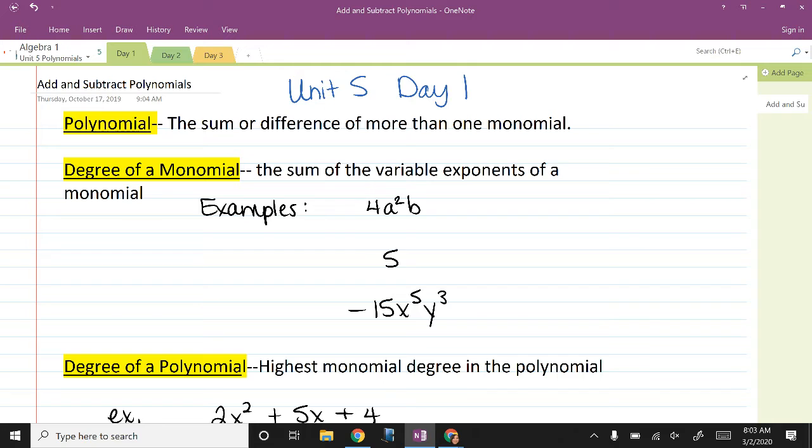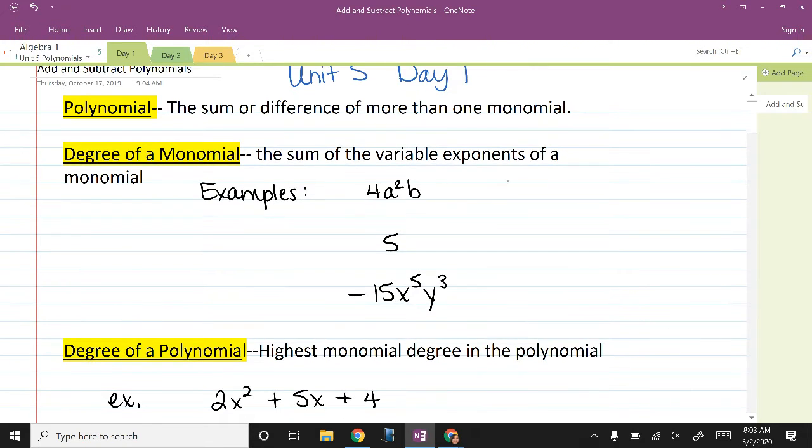So this first example, 4a squared b. Well, this b is to what power? First, so you add 2 plus 1 and get what? So it has degree 3. So this monomial 4a squared b has a degree of 3. You just add your variable exponents.